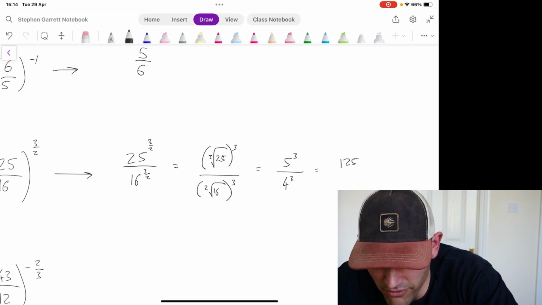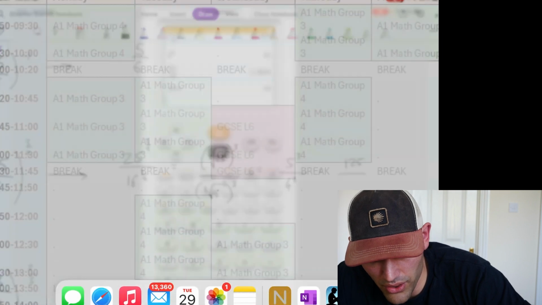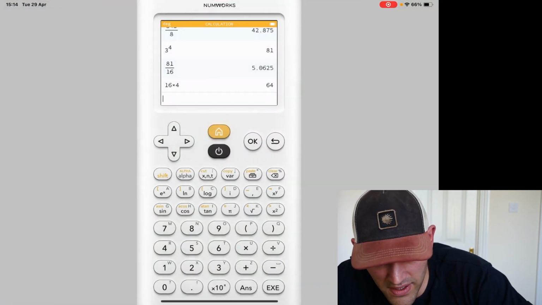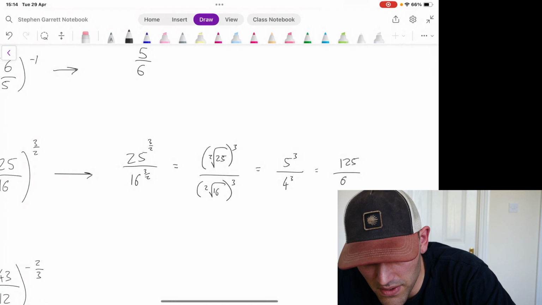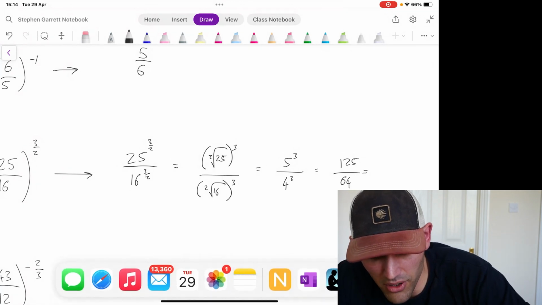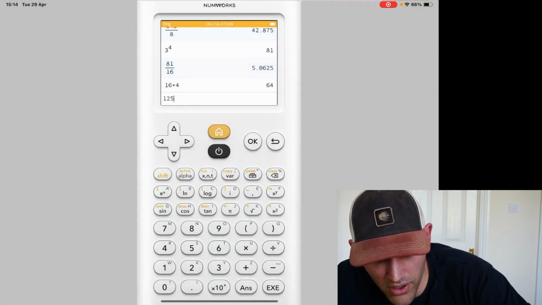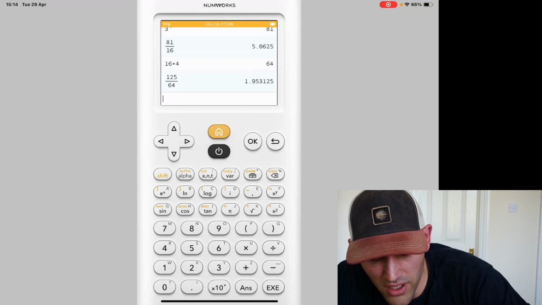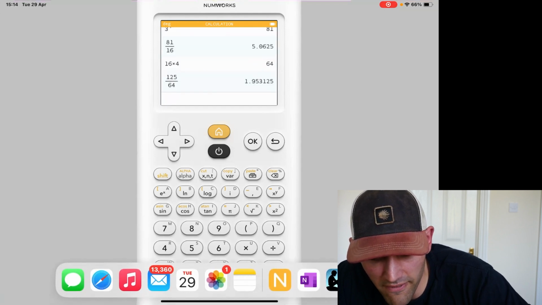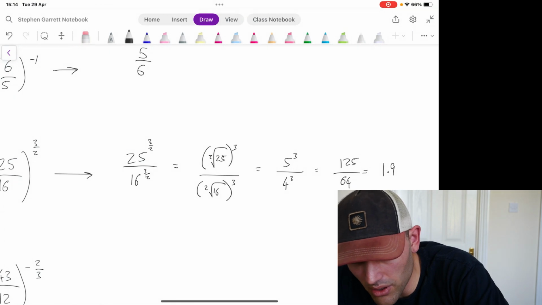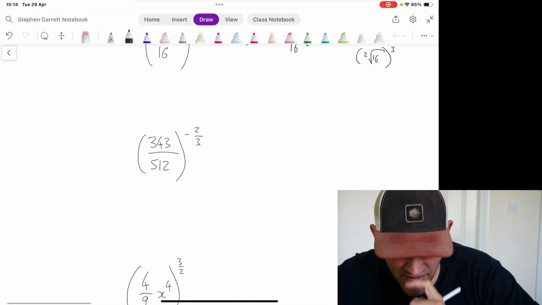I think that's 125 over, 4 times 4 times 4, 64. Yes, it is 64. 125 divided by 64 gives us 1.95.